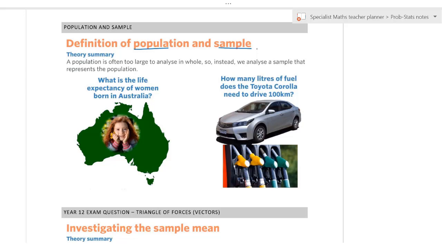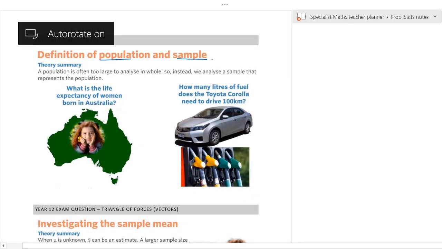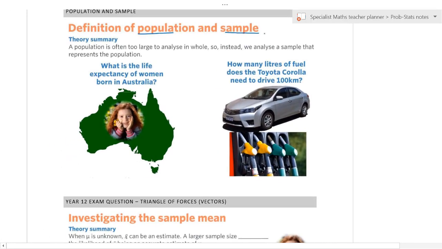Same thing: how many litres of fuel does the Toyota Corolla need to drive 100 kilometres? You could take 30 samples from the population, and then use that data to come up with a confidence interval based on just 30 from the population.